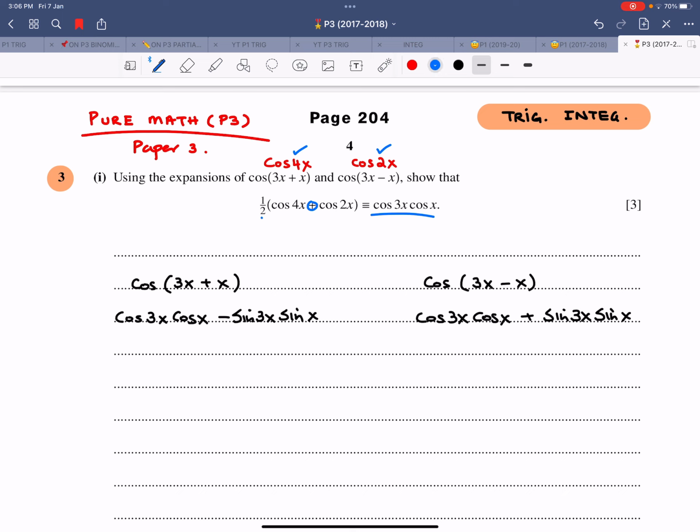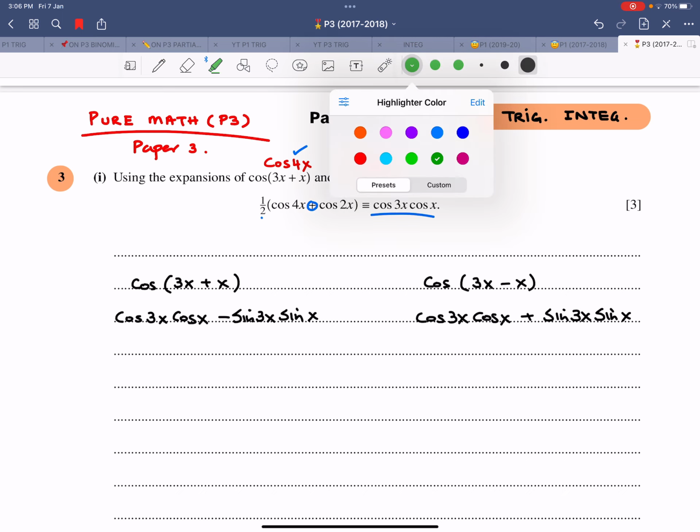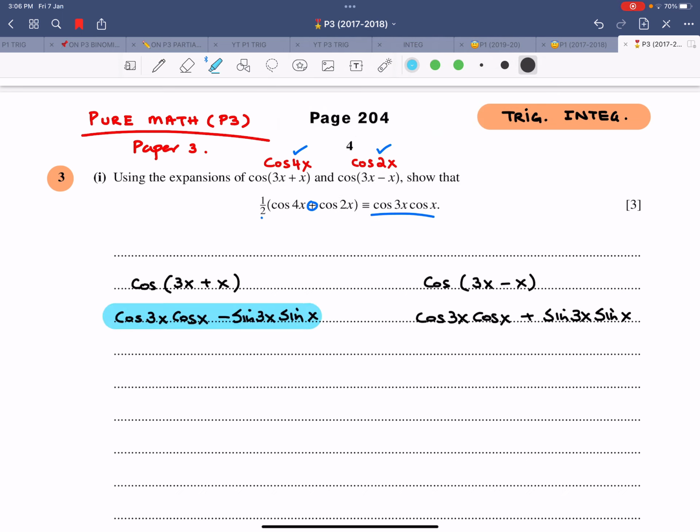Now, if I add these two expanded identities, which terms would cancel out? There is a minus sign over here and a plus sign over here, so the sine 3x sine x terms cancel out. What I get is 2 cosine 3x cosine x.